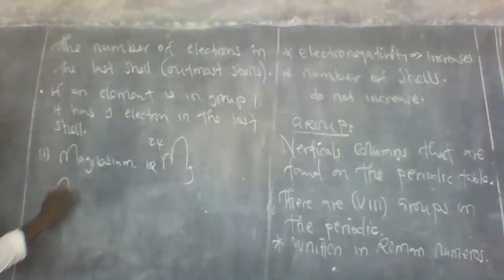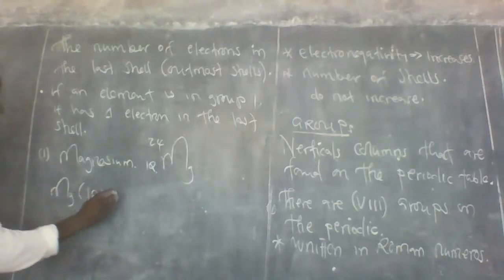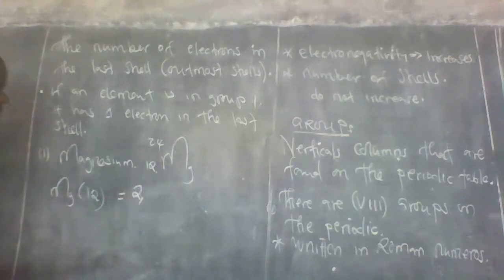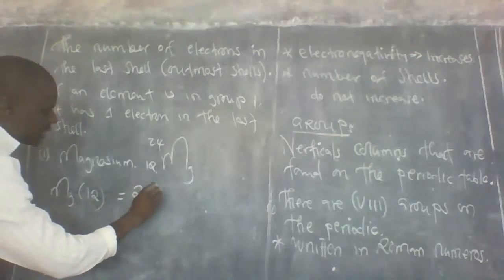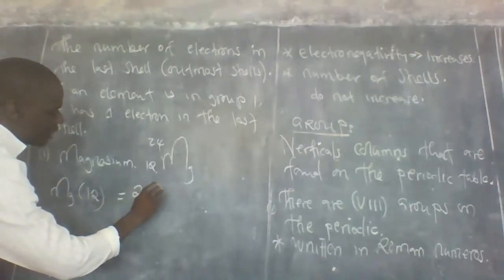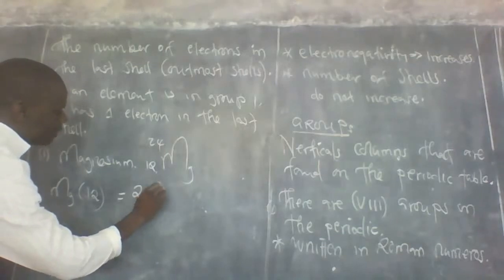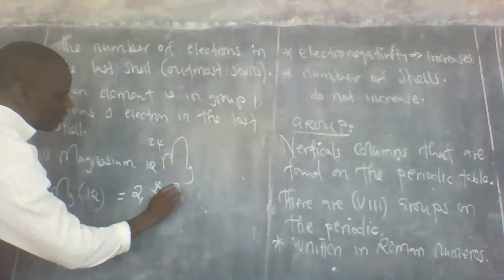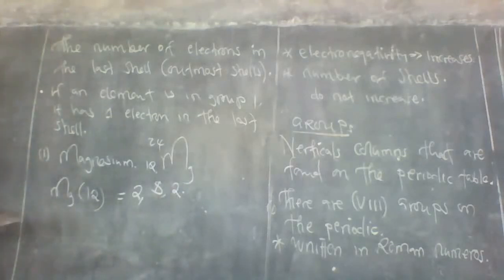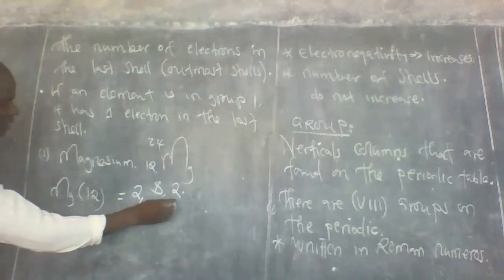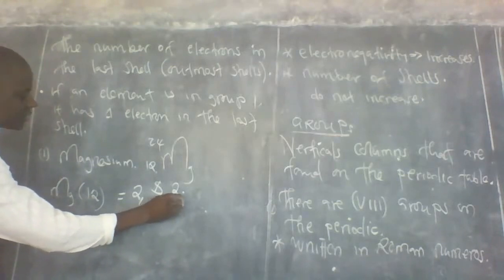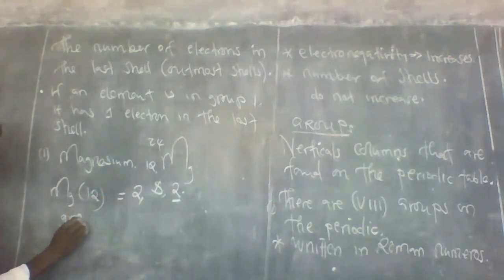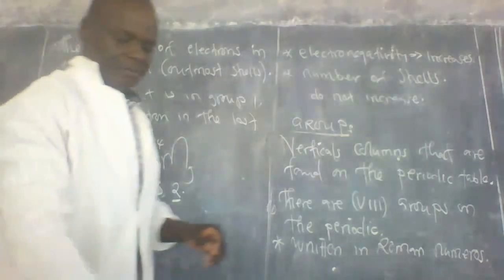So now, if you do the configuration of magnesium with 12 electrons, you find that the first shell will have 2, the second shell will be 8, that is 10, but because they are 12, the last shell will have 2. So from here we can see that the number of electrons in the outermost shell is 2, therefore it is in group 2. But let us verify.